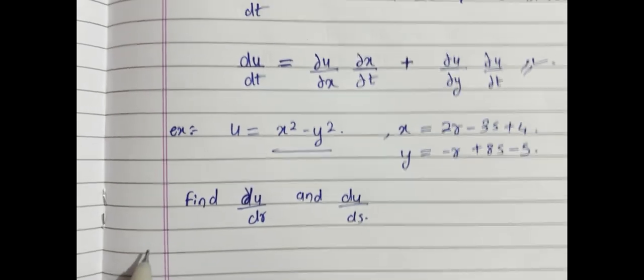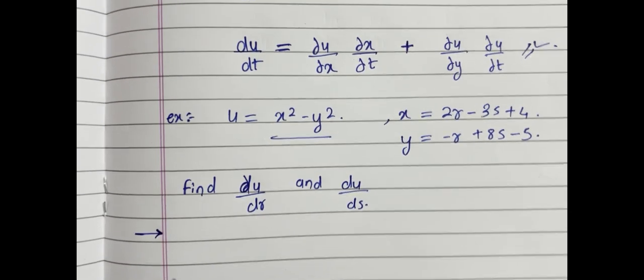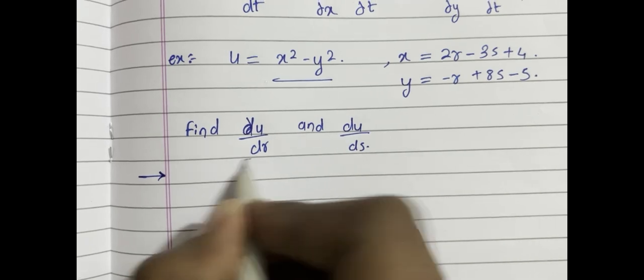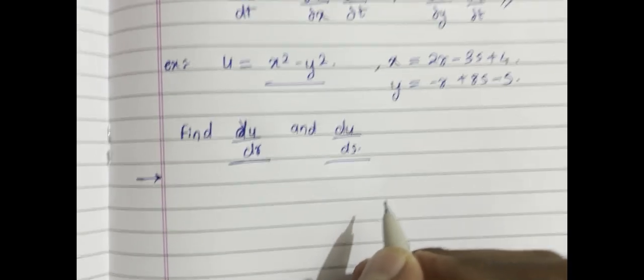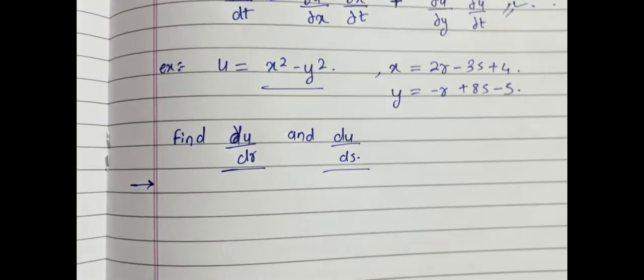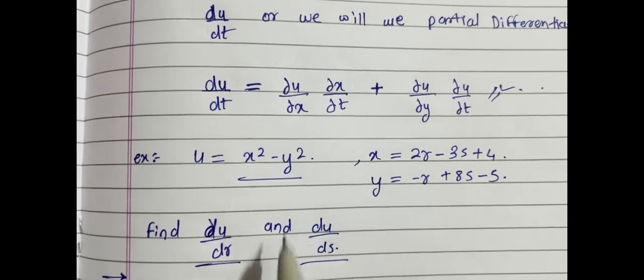Now coming back to the example, we have to find the differentiation of u with respect to r and also with s. Now we know we can use the upper formula in this.